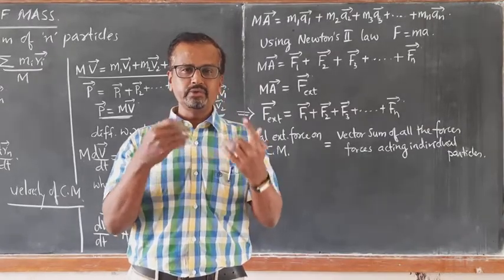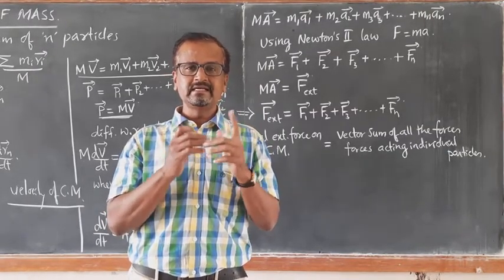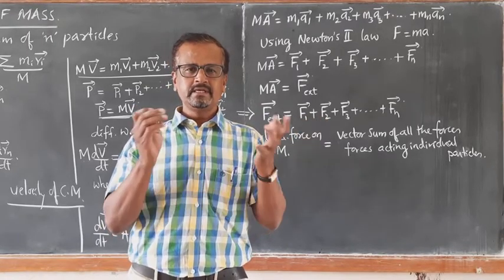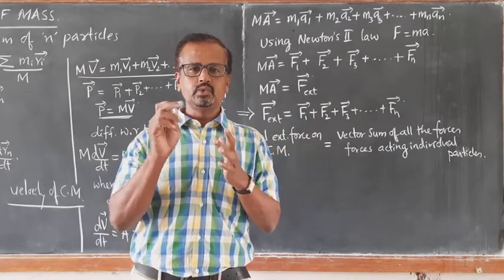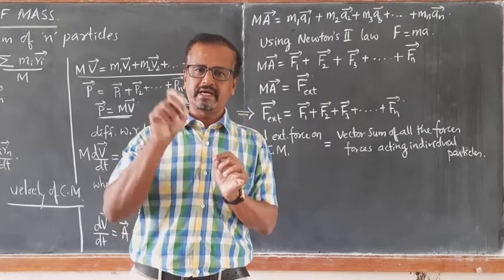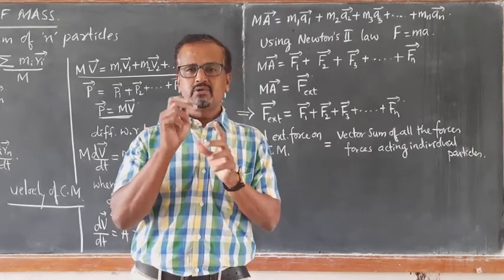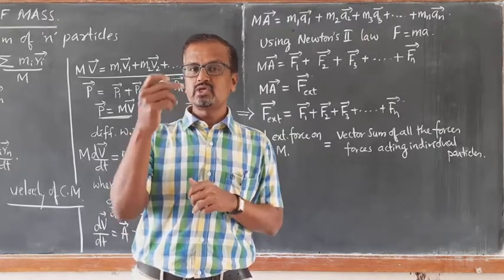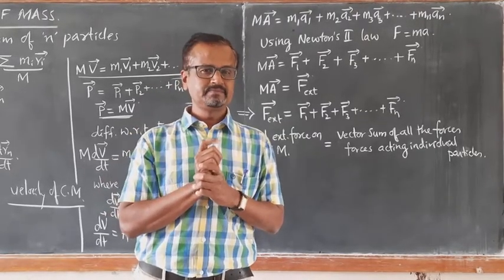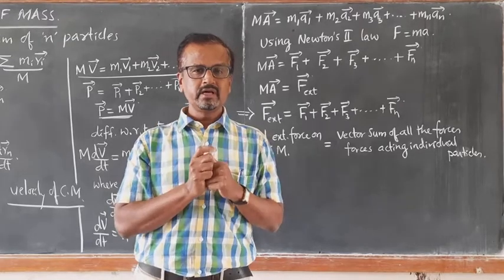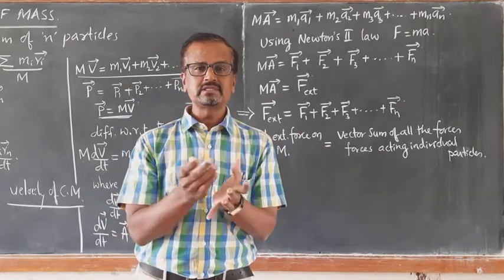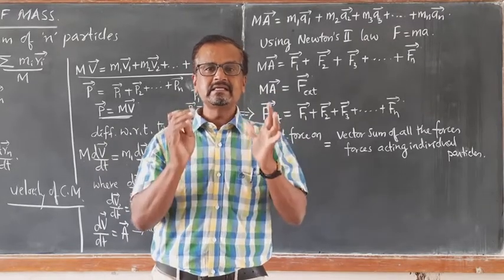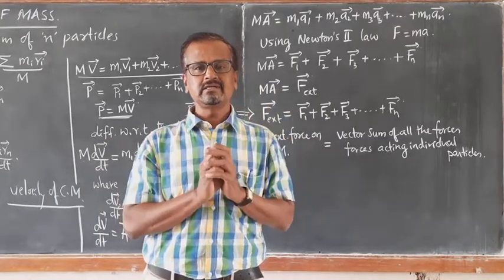But according to Newton's third law, these internal forces are equal and opposite. See, if F12 is the force on 1 due to second particle, then it is equal and opposite to force on 2 due to first particle, according to Newton's third law. Therefore, even though internal forces exist in the system of n particles, these internal forces cancel each other.